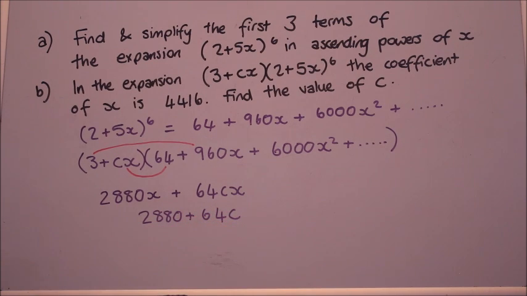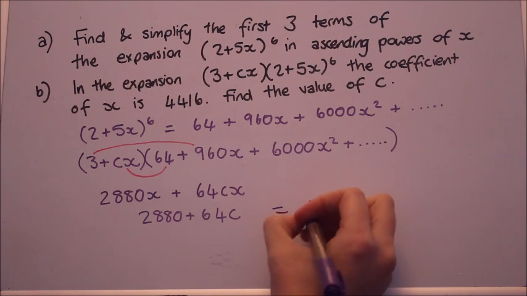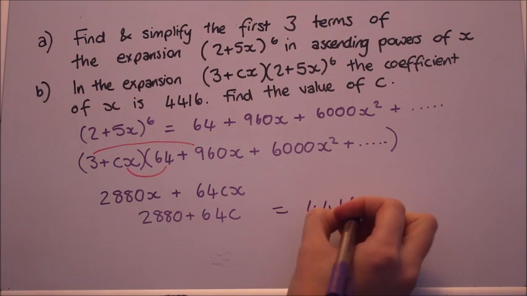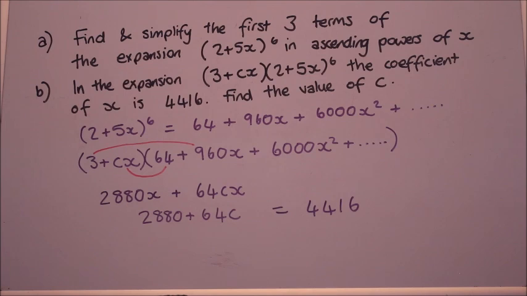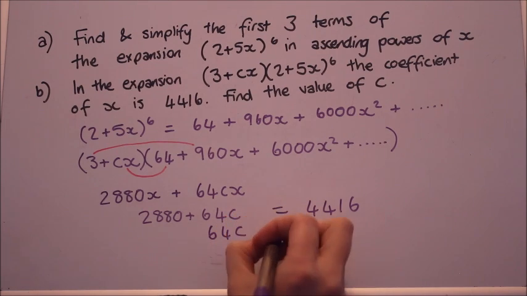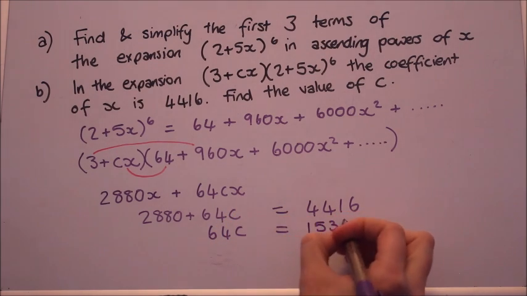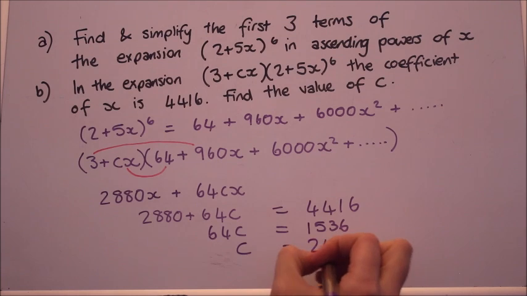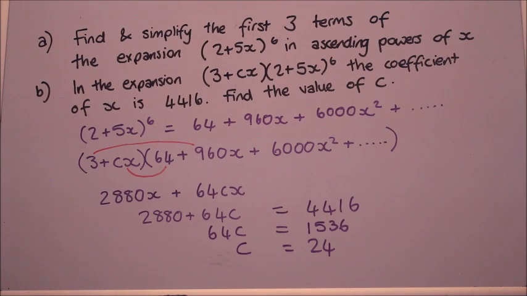I'm just taking off the x because we're just looking at the coefficient, and we know the coefficient is 4,416. So now we can solve that to get C. Okay, and I get 24. Very well done if you got that one right.